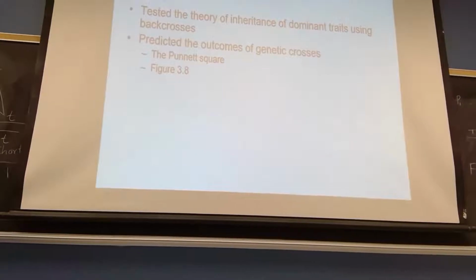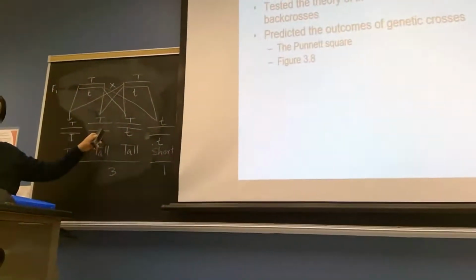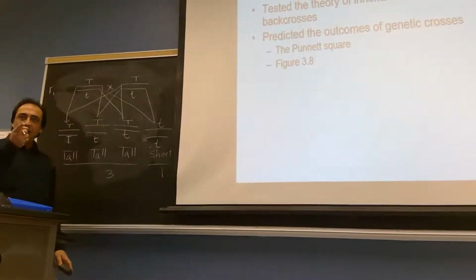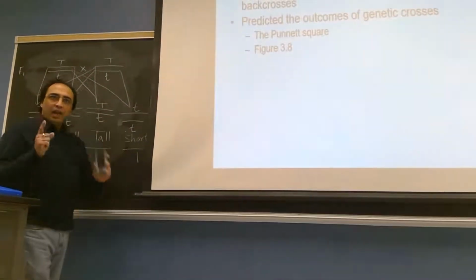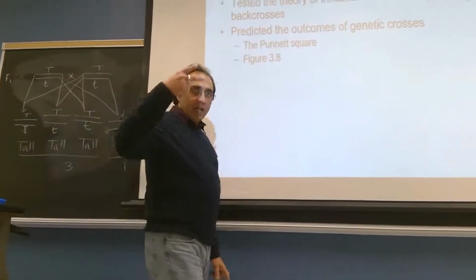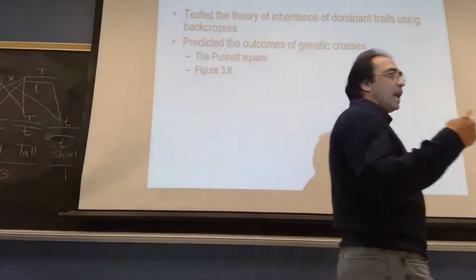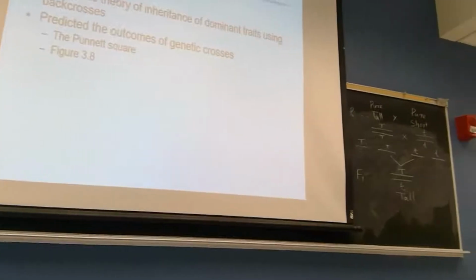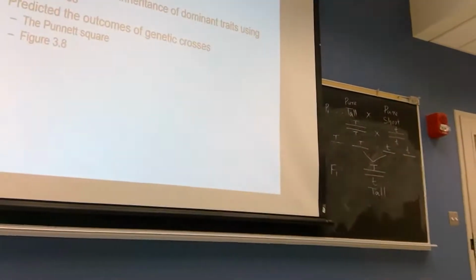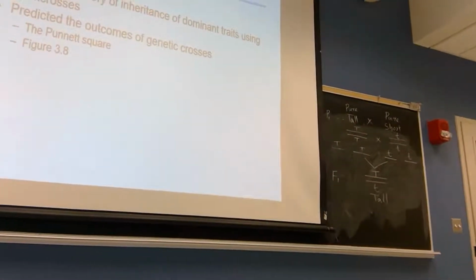Tall is suppressing the character of short. That means tall is dominant over short, short is recessive, and when the recessive characters are together in homozygous condition, only in that case will they show their phenotype, otherwise not. So tall is dominant and short is recessive.